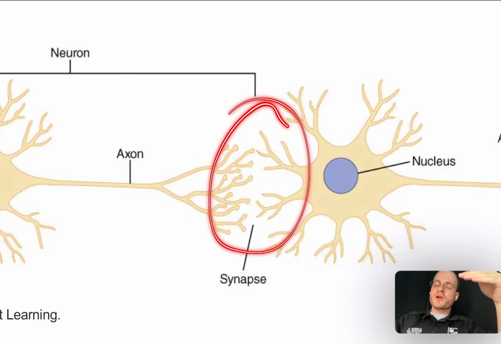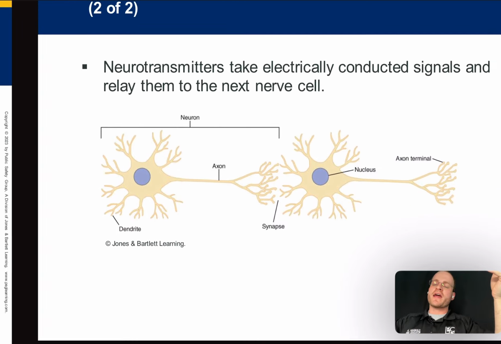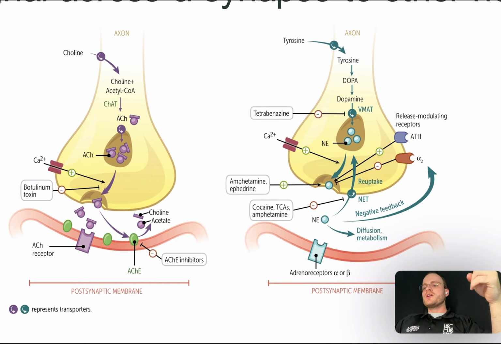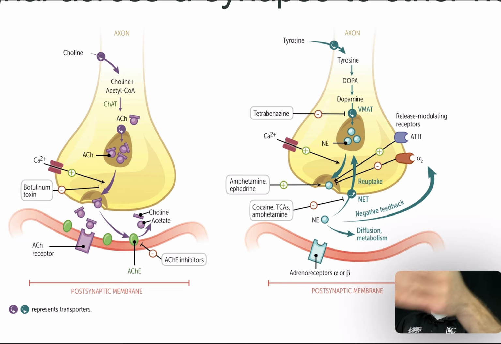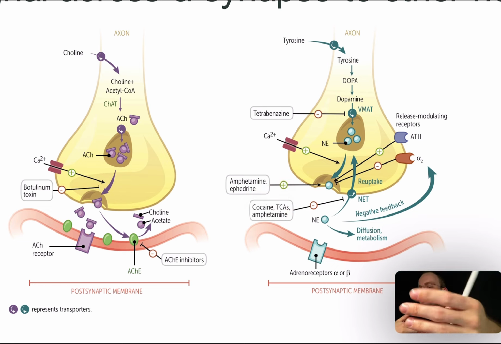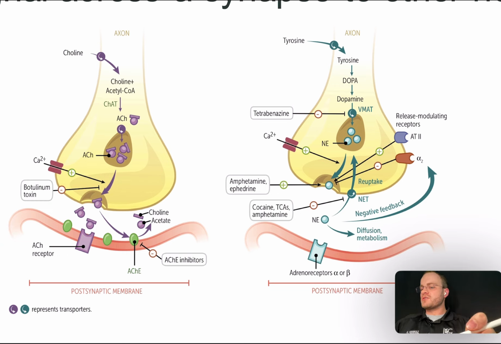A lot of pharmacology plays a role right here in the synapse. I've shown you this before, I think, but this demonstrates the axon and the axon terminal. In this particular example they're talking about amphetamines and cocaine and how they act on these synapses to have their desired pharmacological effects.